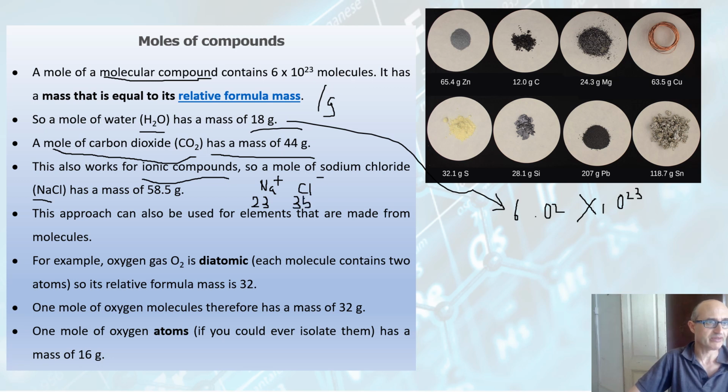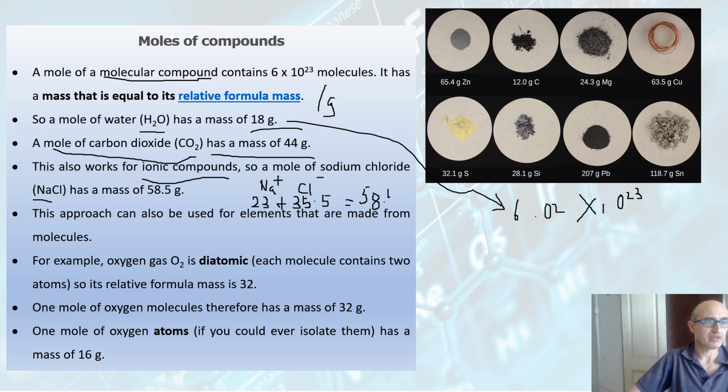Remember what we said about relative atomic mass from isotopes when we did the chlorine example in the first lesson. So if I had to add together the RAMs of sodium and chlorine, I would end up with 58.5 as you have in your printed text.